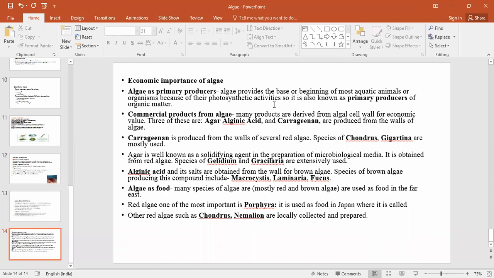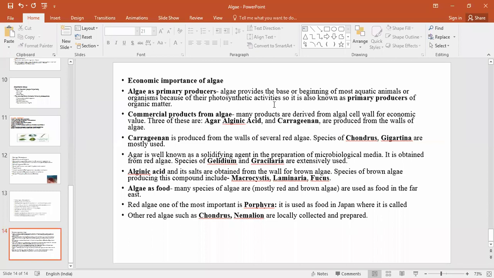Then they possess carrageenan, which is produced by several red algae in the cell wall, and it is also used in industry. Then agar, which is used in microbiology, a very important chemical.